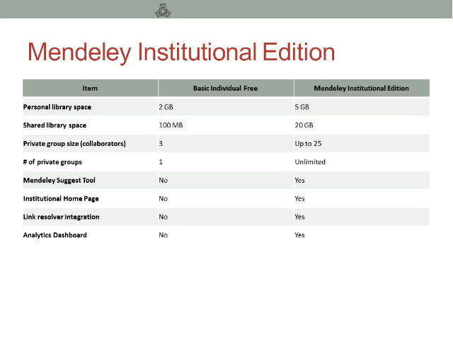However, this table I've put here is the list, or part of the list, of the things that you get through an institutional edition. Now, those premium accounts, so the user will get something similar to the premium accounts. We get things like the analytics dashboard, link resolver integration.